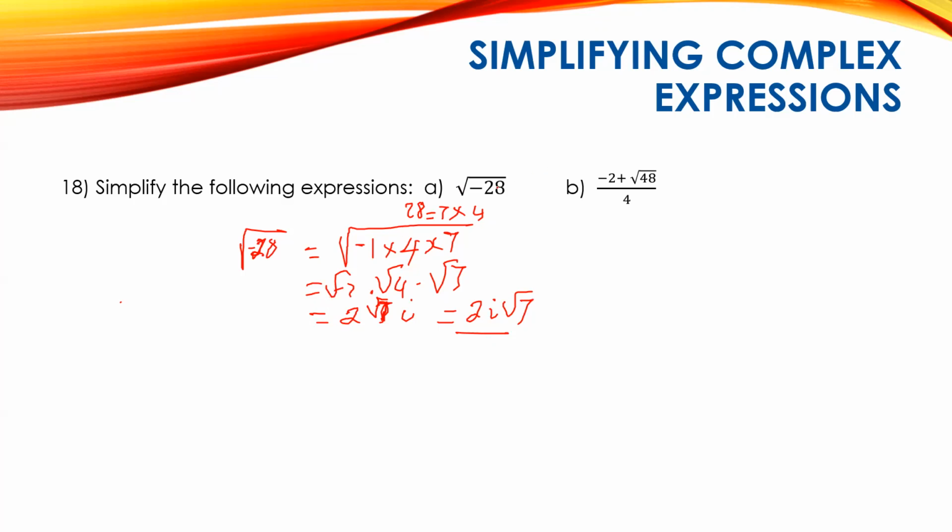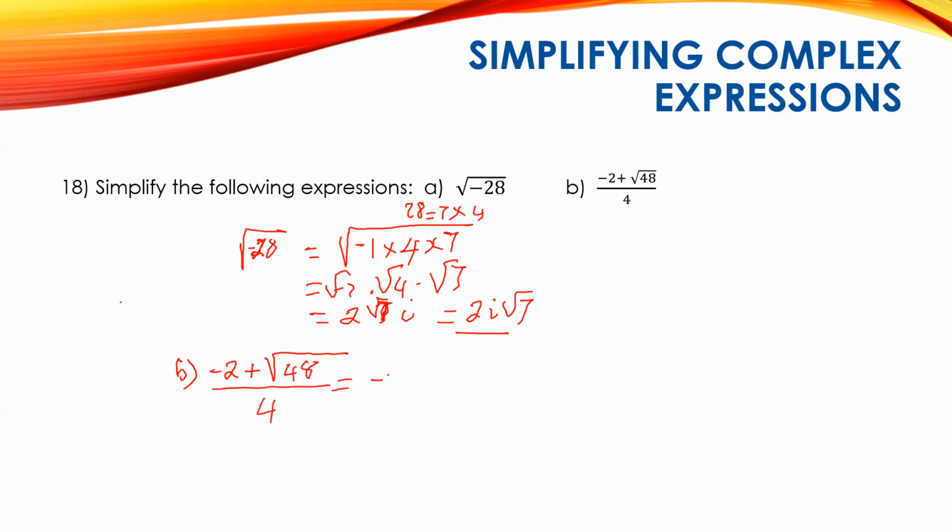And for b, it is negative 2 plus the square root of 48, over 4.